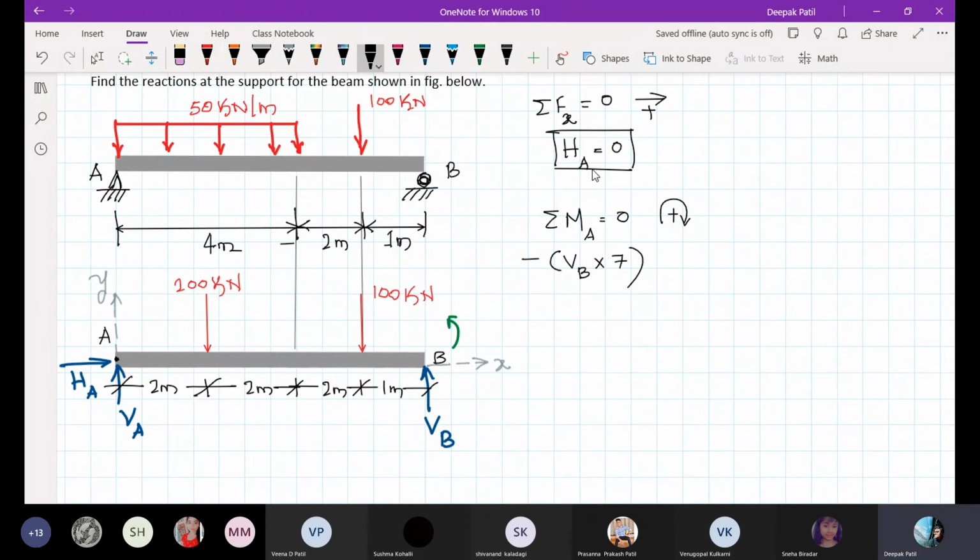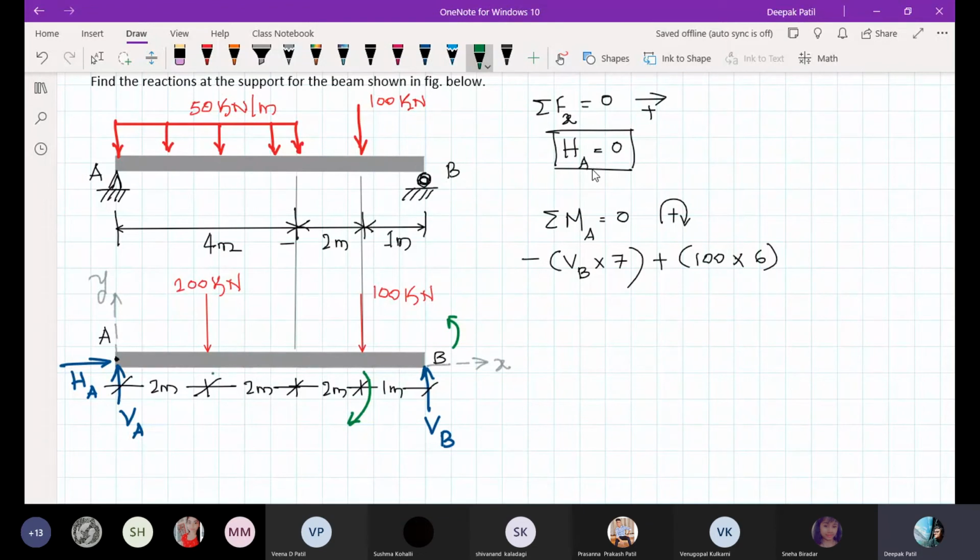Then what about 100? The 100 kilonewton at A will cause a clockwise movement, so you should write it as plus 100 multiplied by 2 plus 2, 4, 4 plus 2, 6. Then what about this 200 kilonewton?